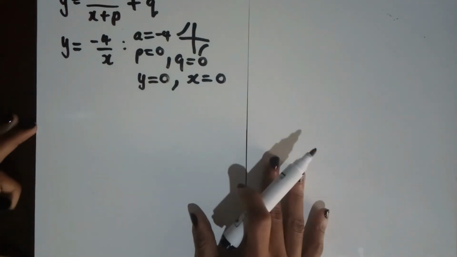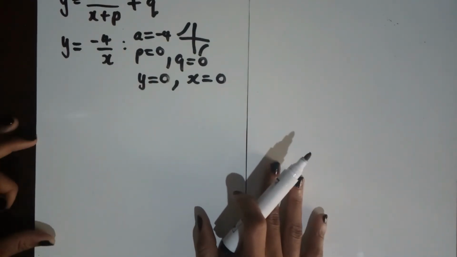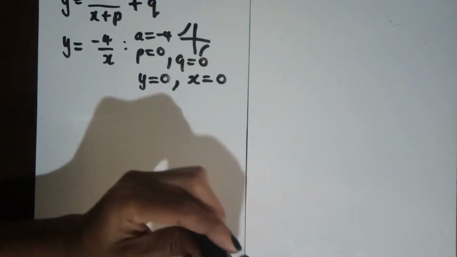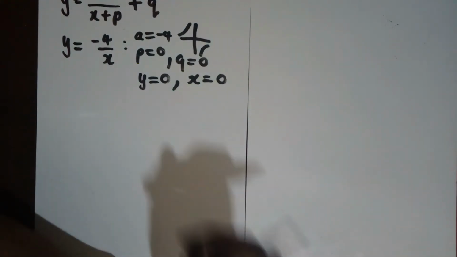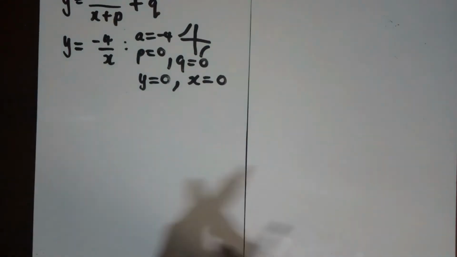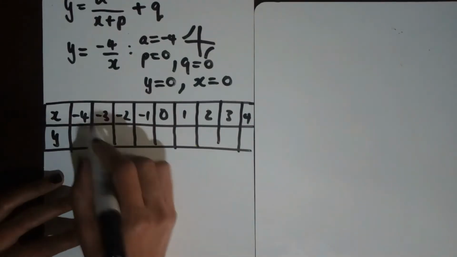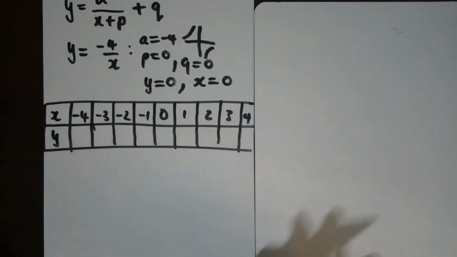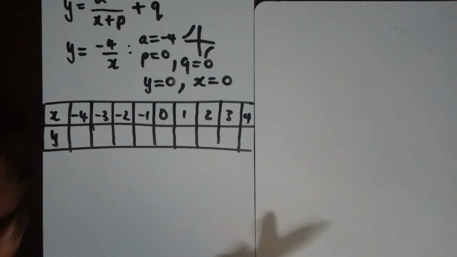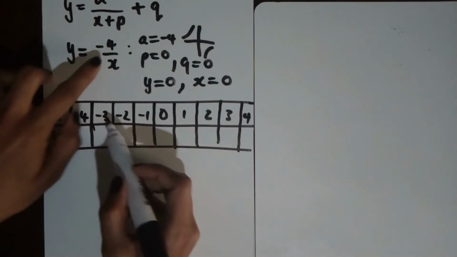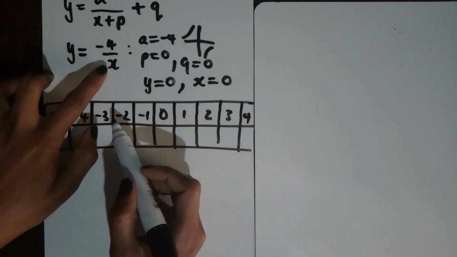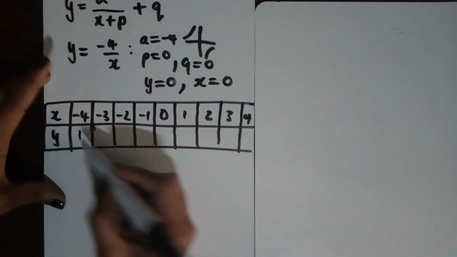So let us try to plot this function. The same thing, we're going to draw a table again quickly. Right, so I've written my independent variables over here. And so when x is -4, it's going to be -4 divided by -4, which gives me +1.